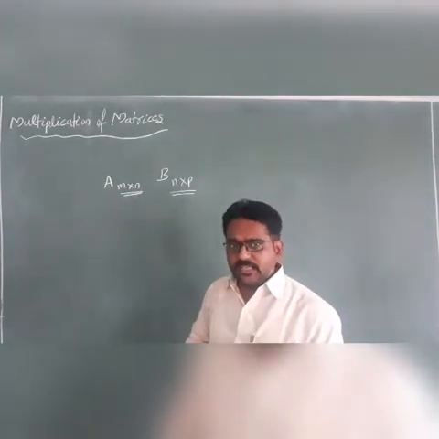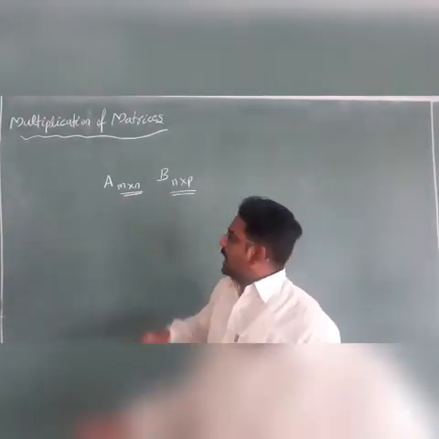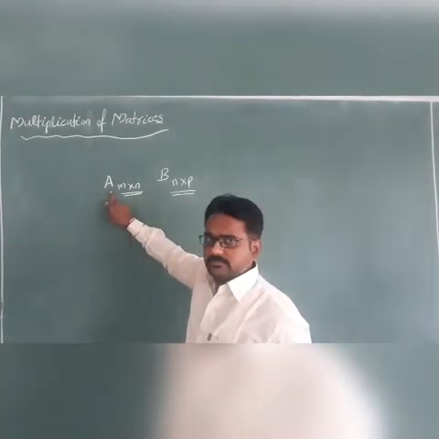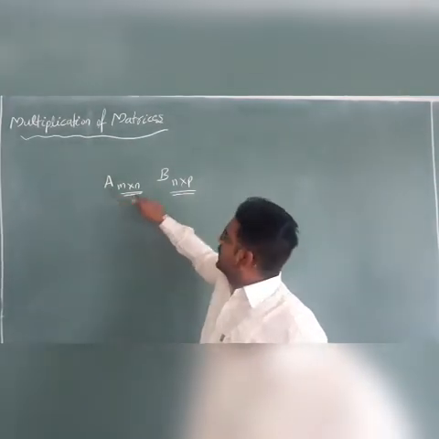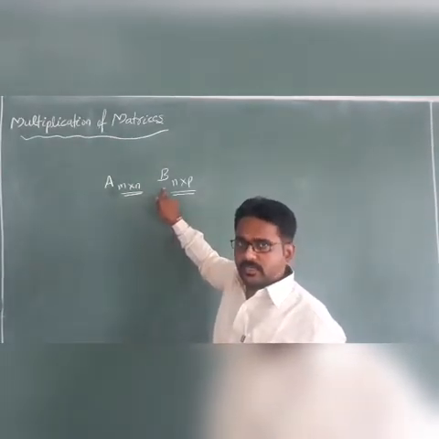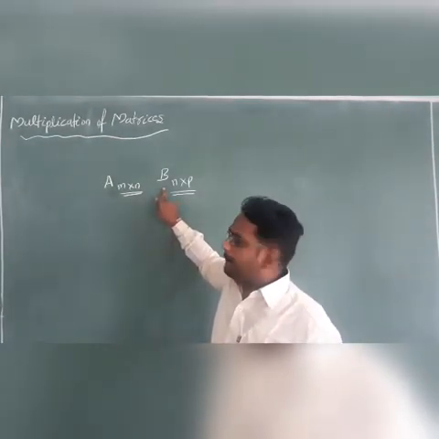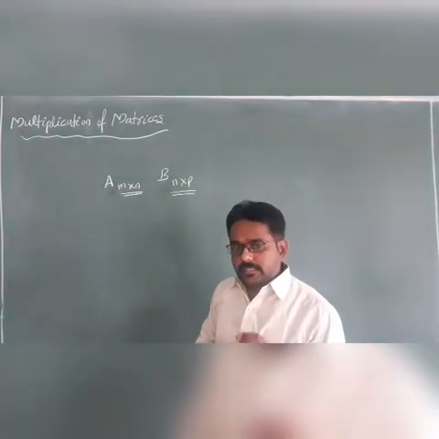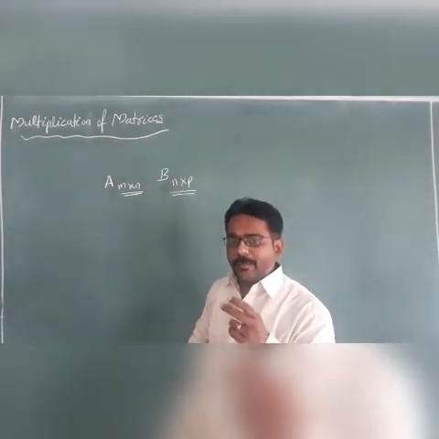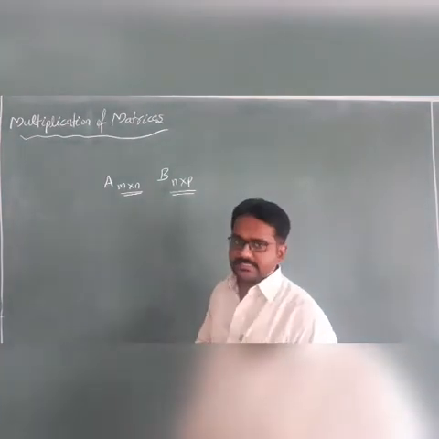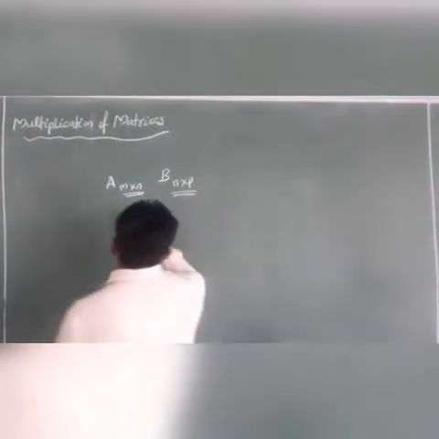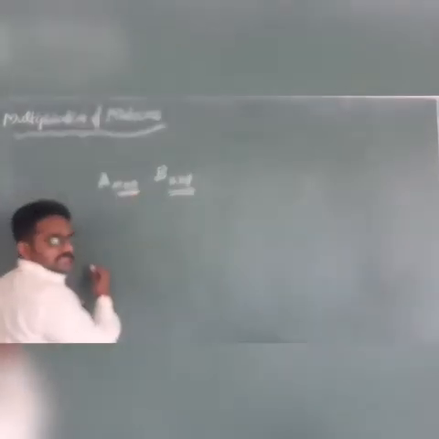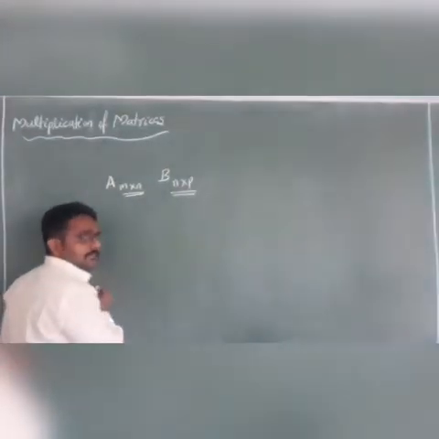So what is the condition here, students, to get the multiplication of matrix A and matrix B? Just listen, students: the number of columns of the matrix A must be equal to the number of rows of the matrix B. Then only we will get the new matrix, or a product of these two matrices, of a certain order. See here, students. Matrix A is of order m by n. Matrix B is of order n by p.